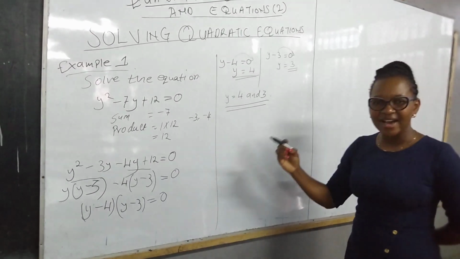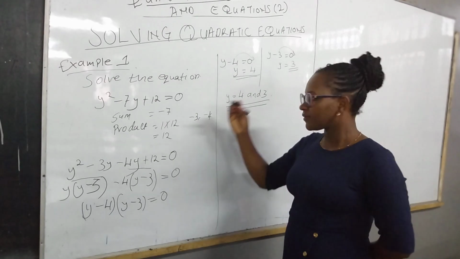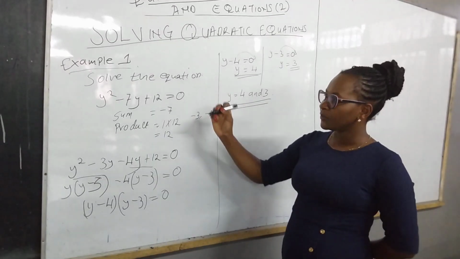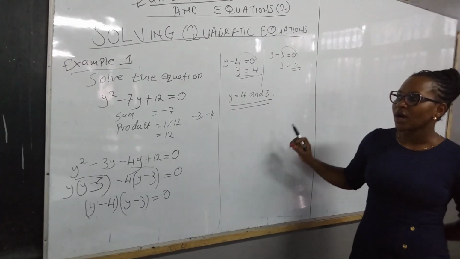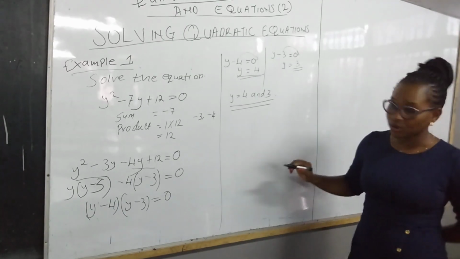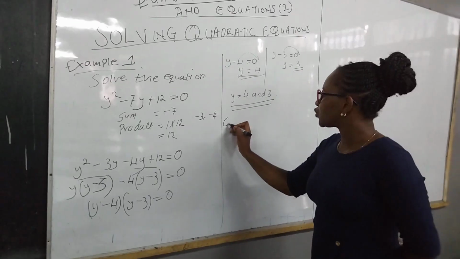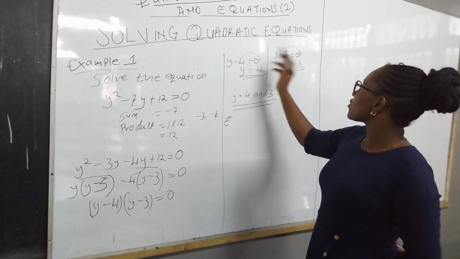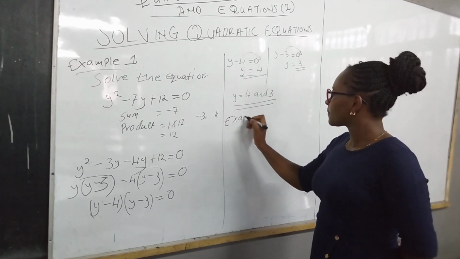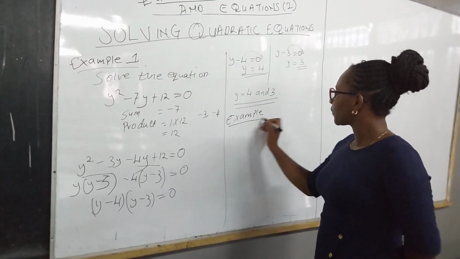What if we now have a different set of a question on how to solve a quadratic equation? Let us look at example 2 on solving quadratic equations. Example 2.